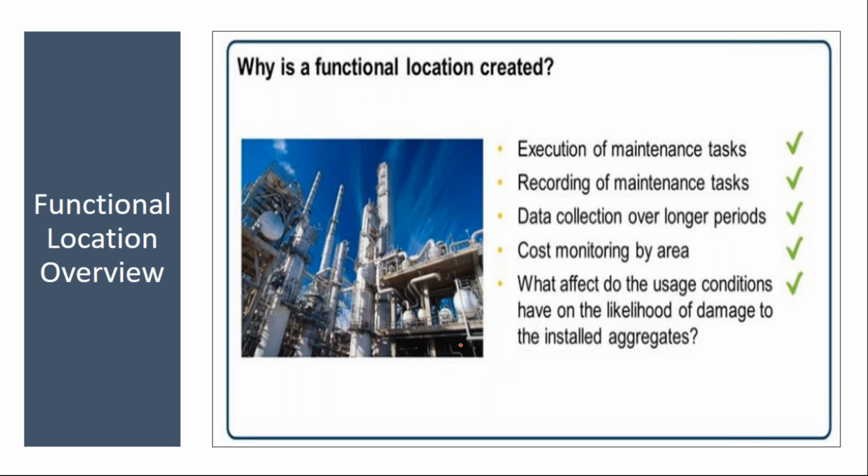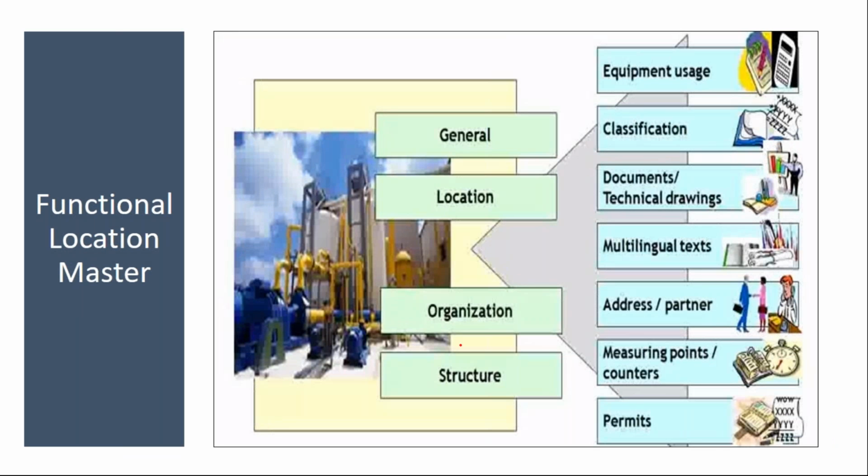Normally the data in the functional location is maintained in four sections: general data, location data, organization data, and structure. In these tabs, they will maintain the data of a particular functional location. Apart from that, you can maintain some additional data.